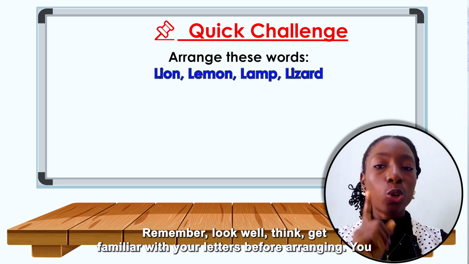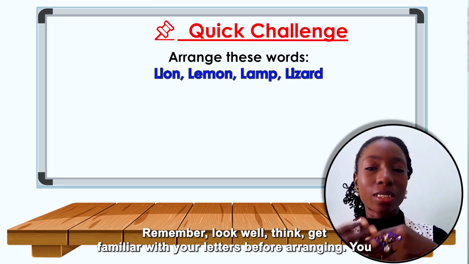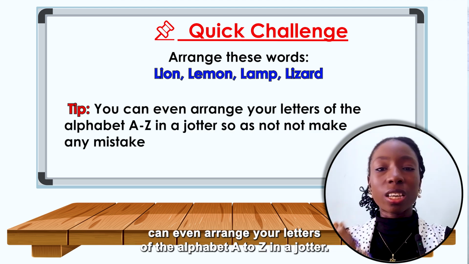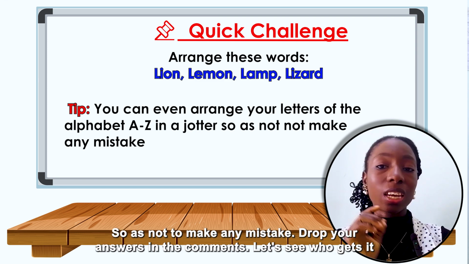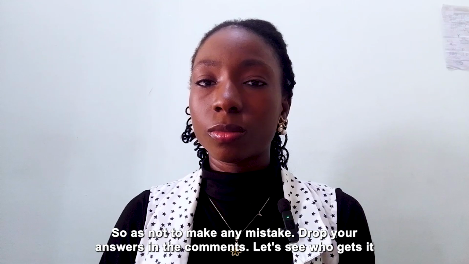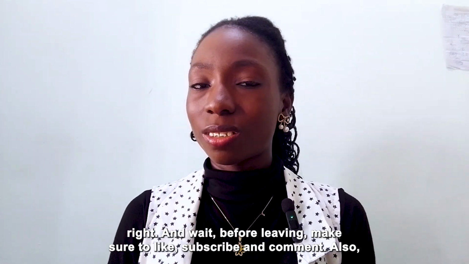Remember, look well, think, get familiar with your letters before arranging. You can even arrange your letters of the alphabet A to Z in a jotter so as not to make any mistake. Drop your answers in the comments. Let's see who gets it right.